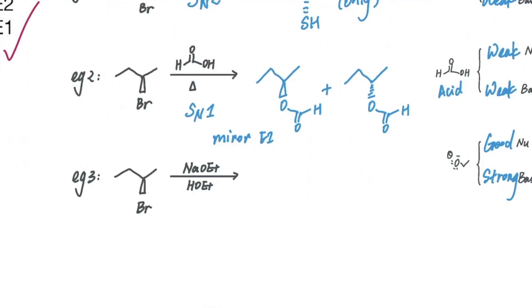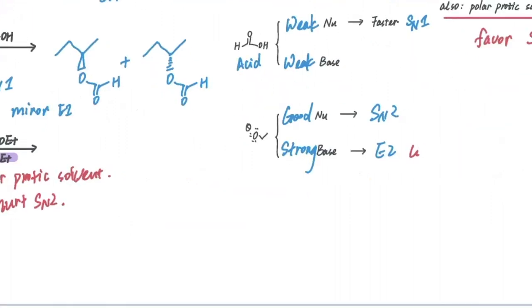What do we have? This is a polar protic solvent, which is going to hurt SN2. So this one, E2 wins.